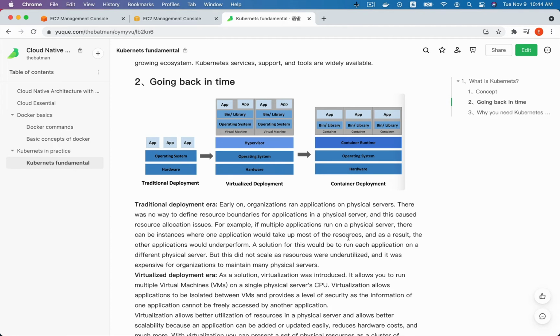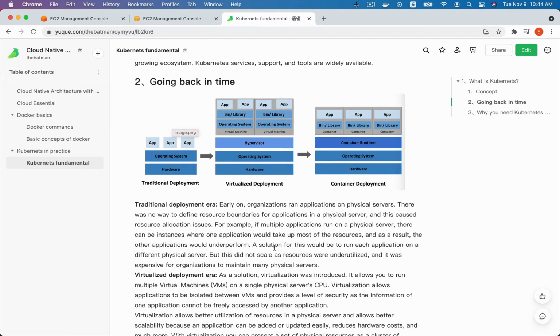And this will cause resource allocation issues. For example, if multiple applications run on a physical server, there can be instances where one application takes up most of the resources. As a result, the other two applications would underperform.